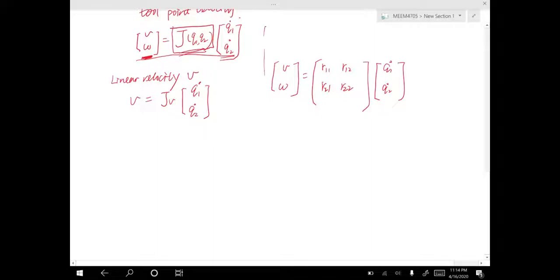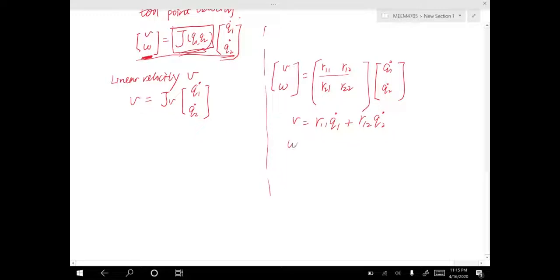If we write the equation for that, what is that? It means v equals, row times column, so that is R11 q1 dot plus R12 q2 dot. That's it, right? So this is the matrix multiplication.